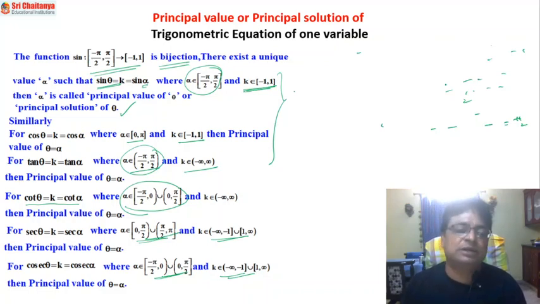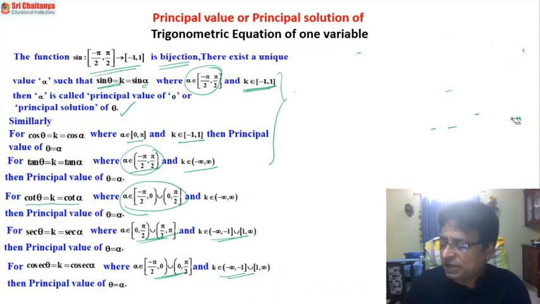To avoid that complexity and confusion in their minds, whenever a trigonometric equation of one variable is given to you, it is better to first find the principal solution and only later write the general solution. Now, what is the definition for general solutions of standard trigonometric equations?